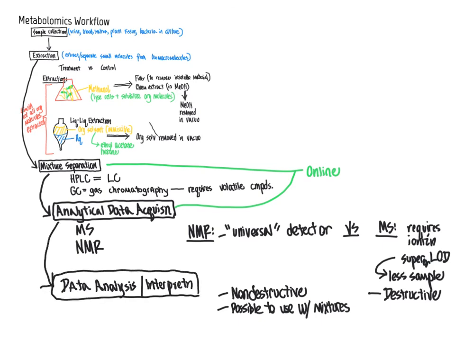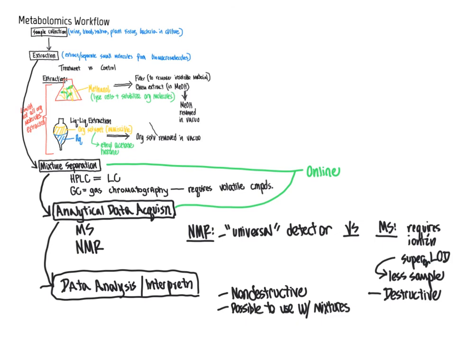That data analysis and interpretation can involve either untargeted metabolomics, looking for changes between treatment and controls in qualitative or quantitative terms. It can also look for targeted metabolites, meaning seeking a specific set of known compounds. For example, looking for metabolites that are present within the human metabolome database. So this would be the process of data analysis and interpretation.